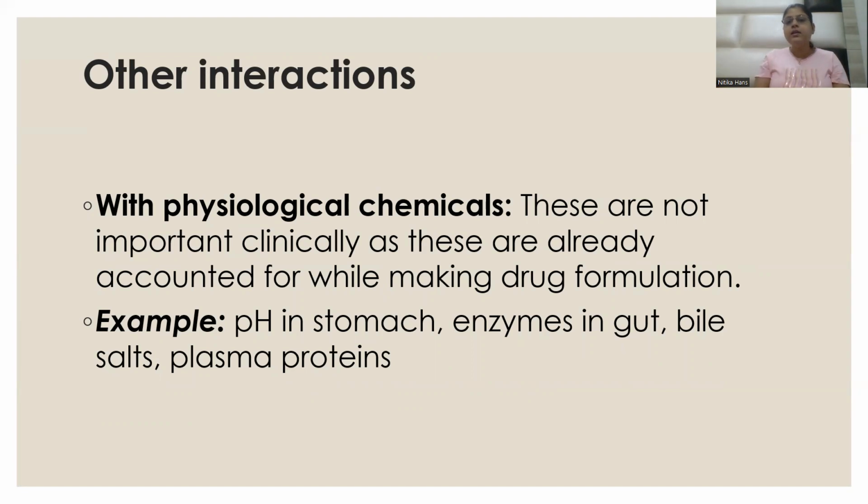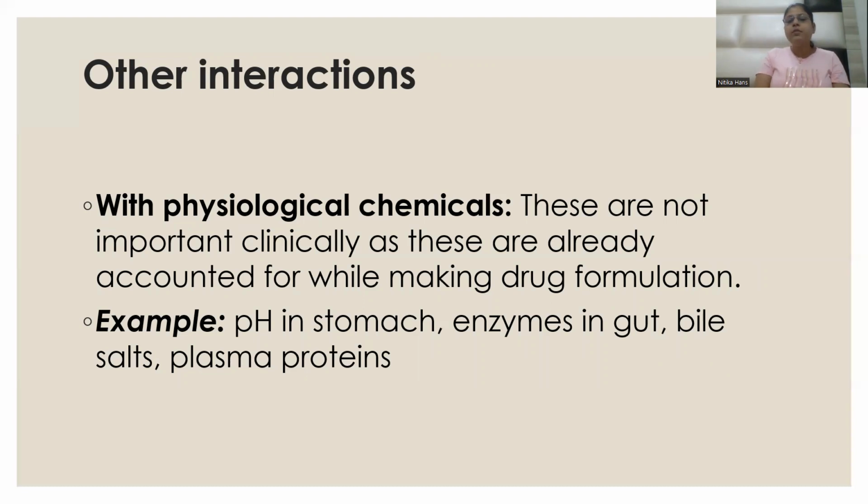Enzymes in the gut can lead to metabolism or breakdown of certain drugs. Bile acids and plasma proteins like alpha-1 acid glycoprotein and albumin are responsible for binding to various acidic and basic drugs, which leads to less free or unbound concentration.